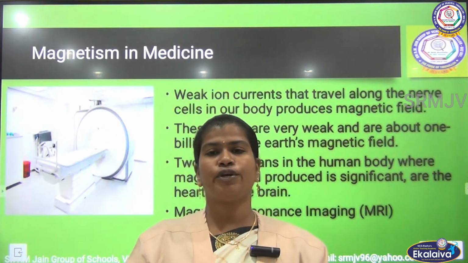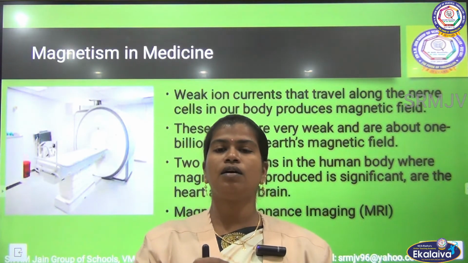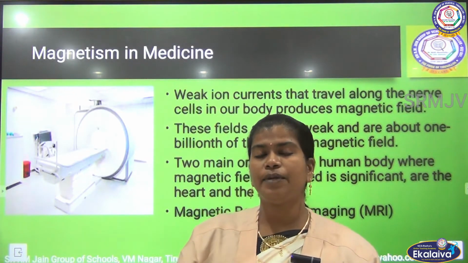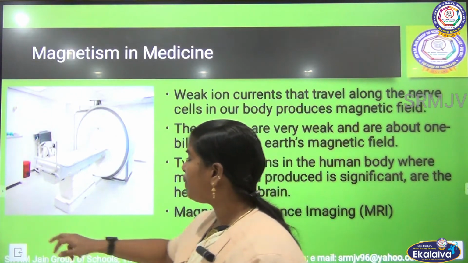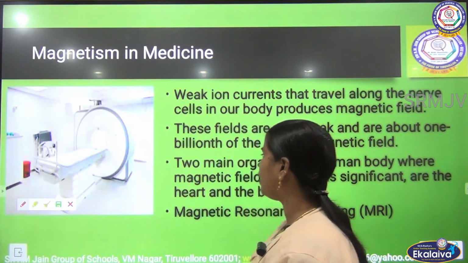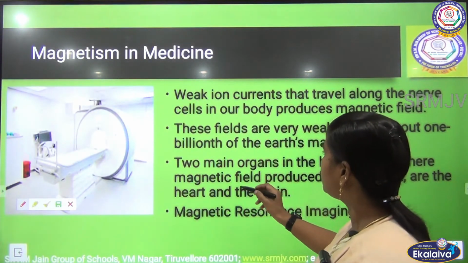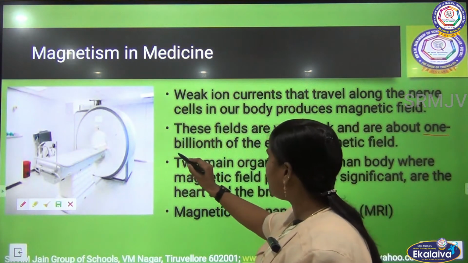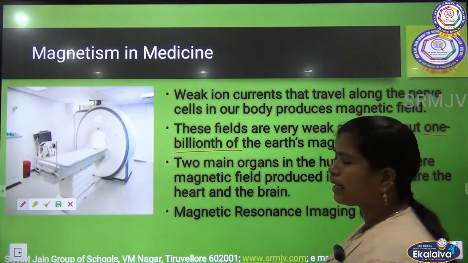When charges are flowing, there will be a magnetic field produced around them. The magnetic field produced here is very weak. When you compare it with the earth, it is 1/1000th of the earth's magnetic field.